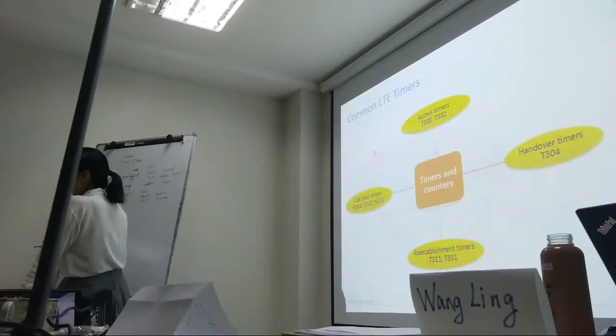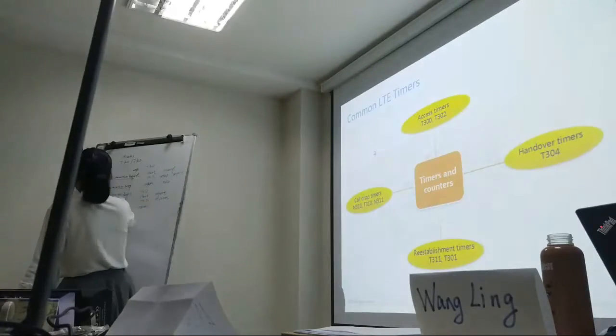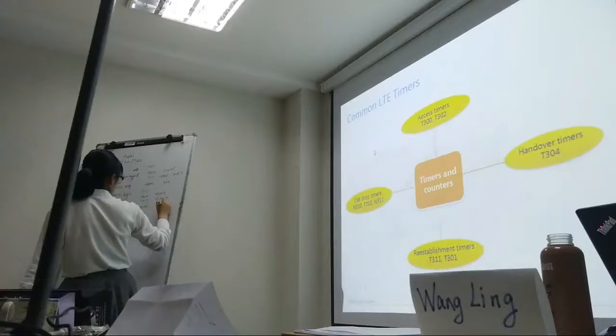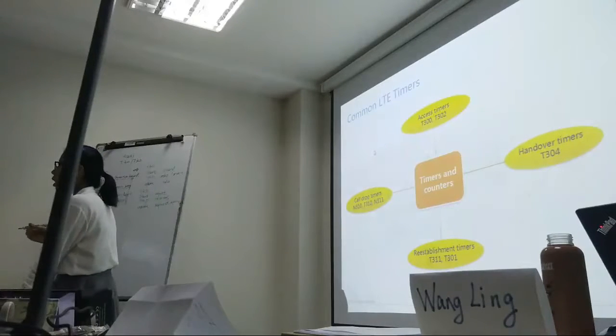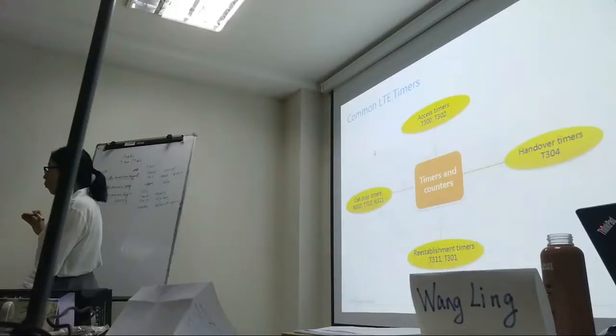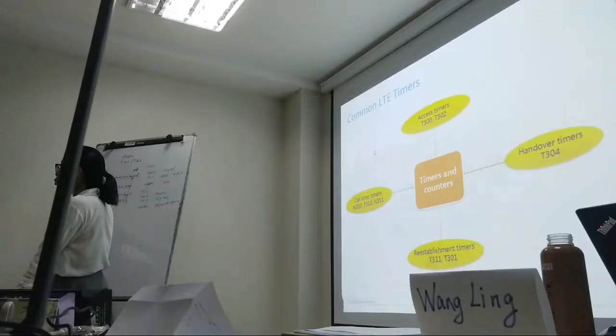When it expires, what will happen? I will transmit the request again. This is the access procedure. So if you set T302, is this timer small or large?